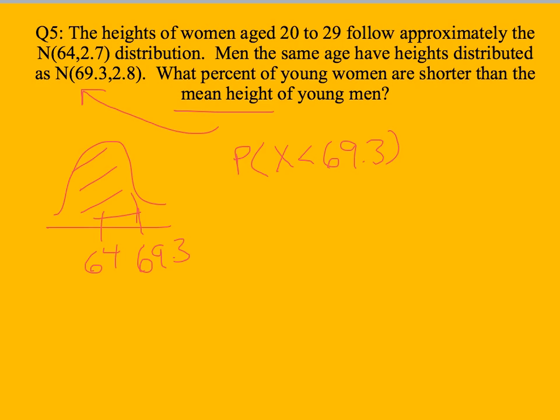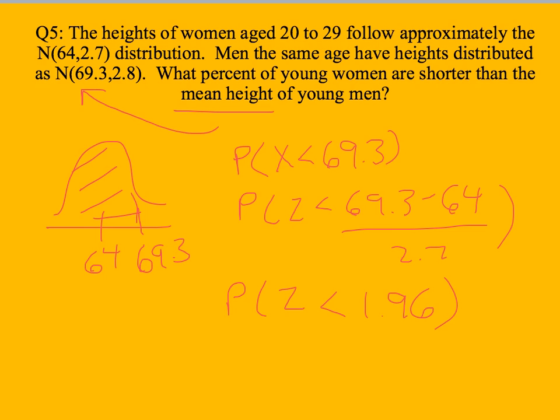I can convert this to a z-score: 69.3 minus 64 over 2.7. This will give me a z less than, let's see, 69.3 minus 64 divided by 2.7, 1.96. Oh, wow.